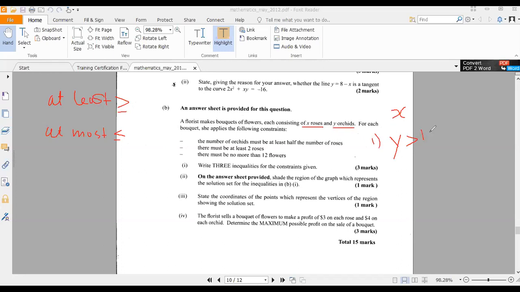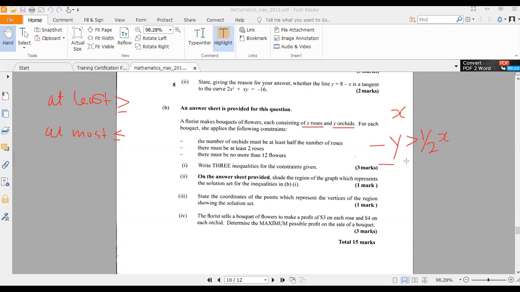Half of X. So instead of roses, you put X, and instead of the orchids, you put Y. Right. So that's the first inequality. Any question on that? How to write the inequality? It's very important. Everybody know how to write it. They might not ask you to draw it, but they can give you the information, and you have to write the inequality for them.